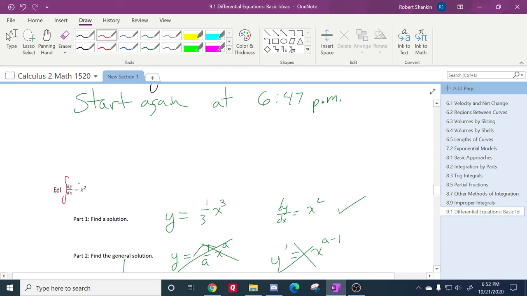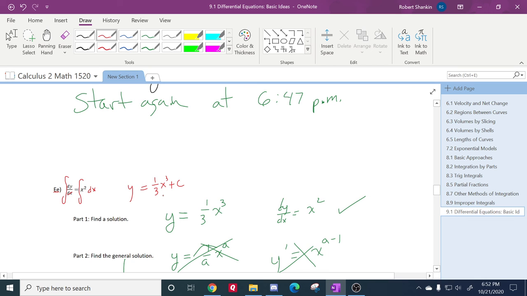You multiply both sides by dx, the dx goes away on this side, and you get dx over here. Then the integral of dy, these two kill each other off, and you get y equals 1/3 x cubed plus a constant c.